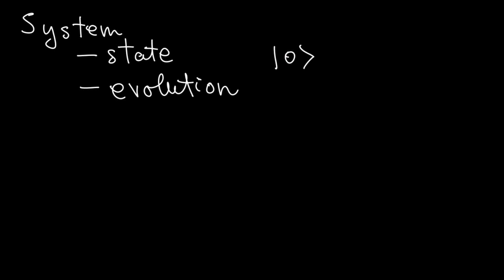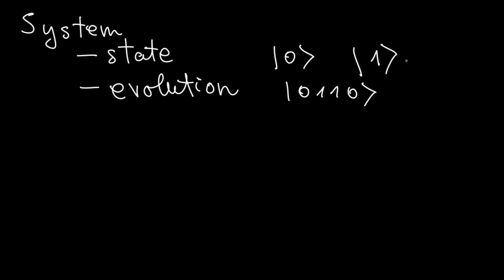It's called bracket notation. This is called a ket. And for one, we're going to use this. And for anything else, we're going to use the same thing, just in one ket.